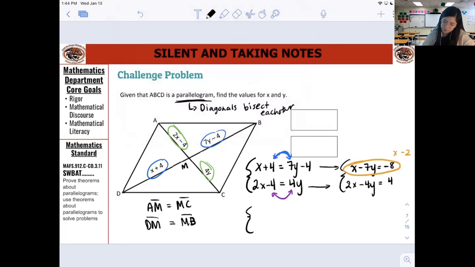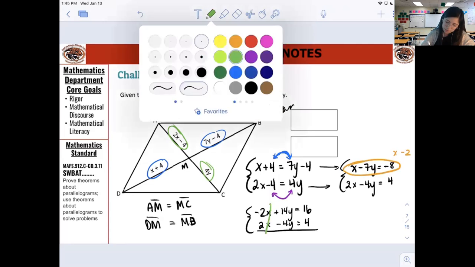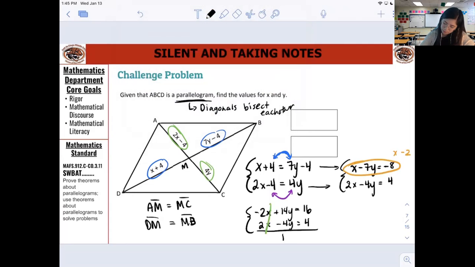So now I have negative 2x plus 14y equals 16. And then I have positive 2x minus 4y equals 4. I can add them up. My x's cancel out. I'm left with 10y equals 20. Divide both sides by 10. I get y equals 2.